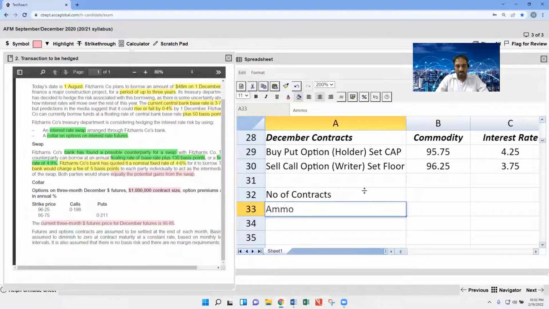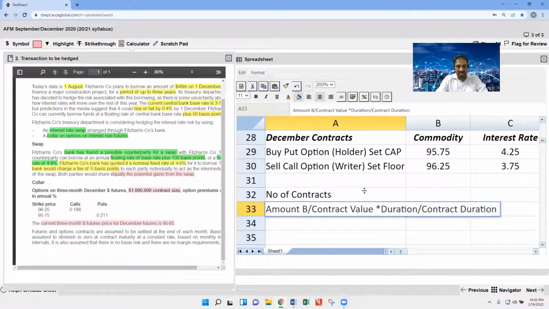amount of borrowing or lending divided by contract amount, contract value, multiplied by duration divided by contract duration.